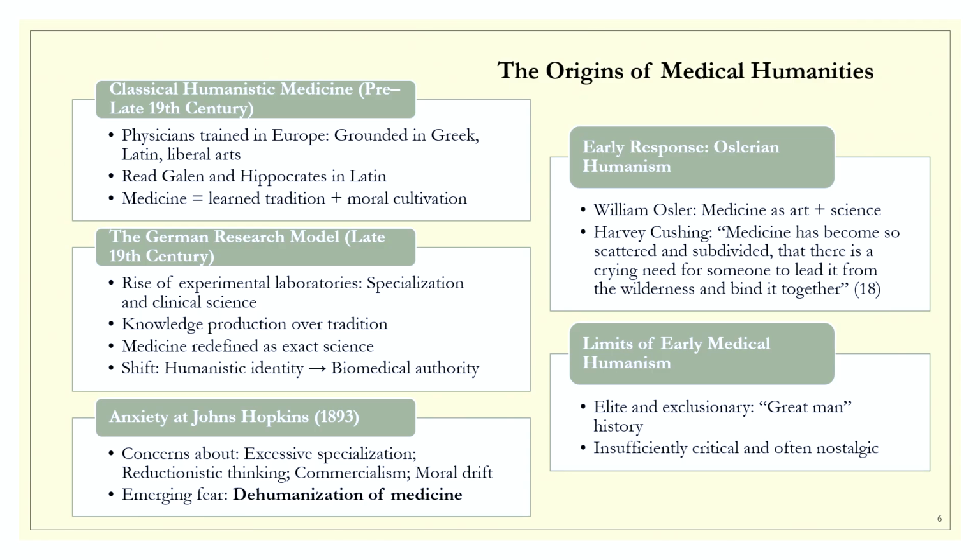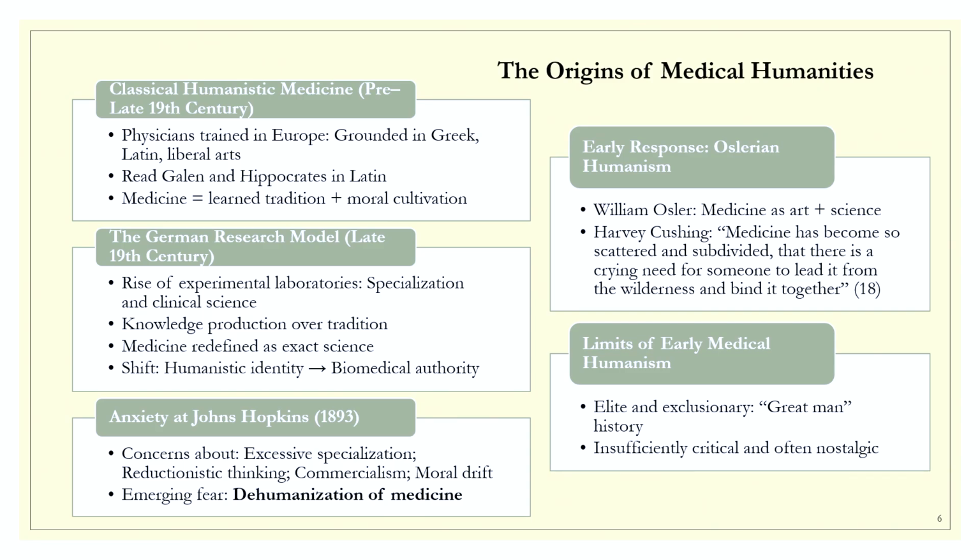In short, they were worried about dehumanization. Figures such as William Osler and John Shaw Billings attempted to preserve medicine's moral center. Osler argued that medicine was more than an art and a science, a calling rather than a business. It required education of the heart as well as the head.